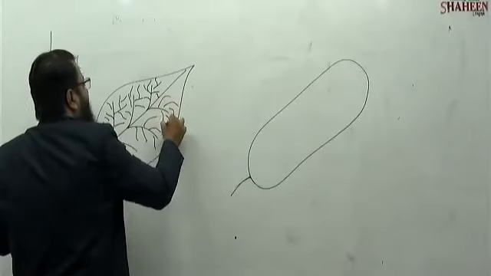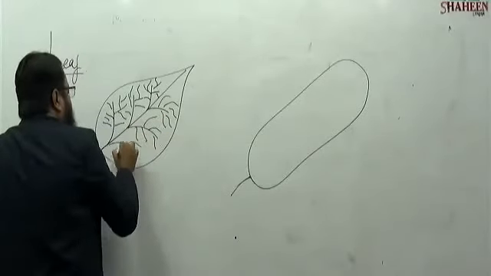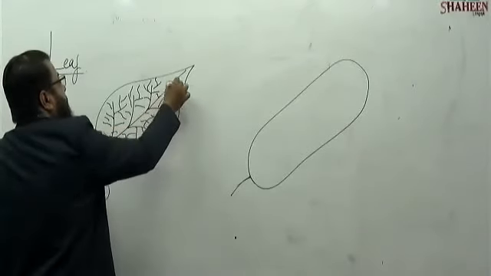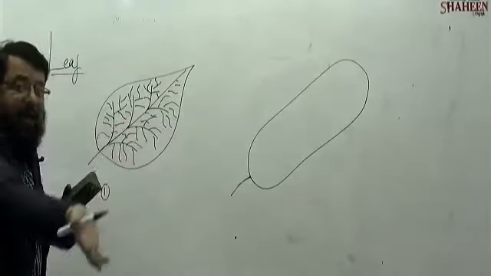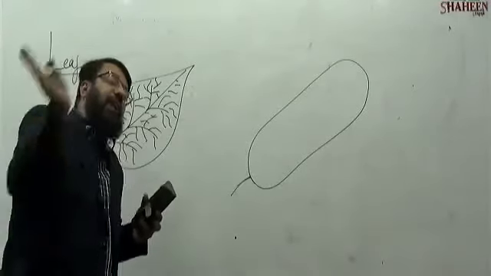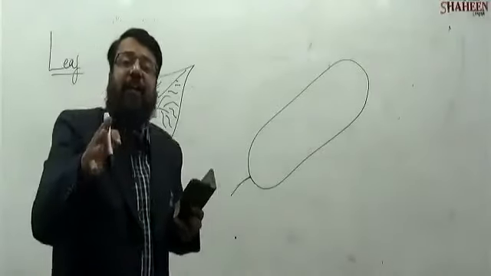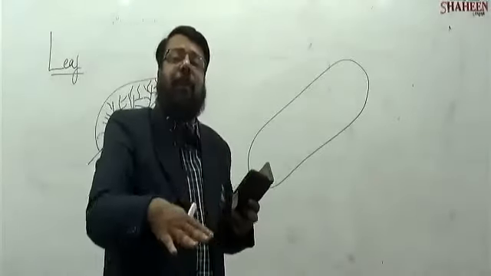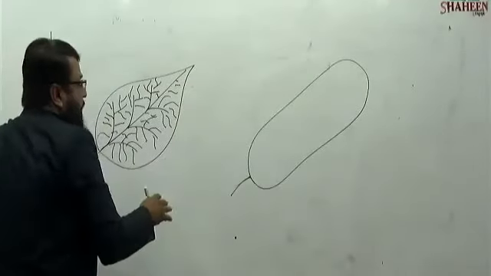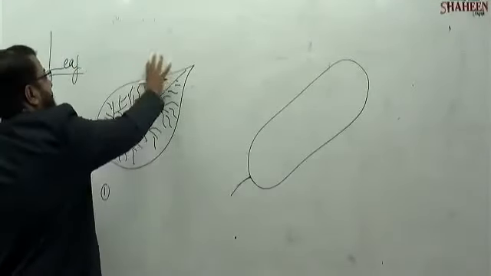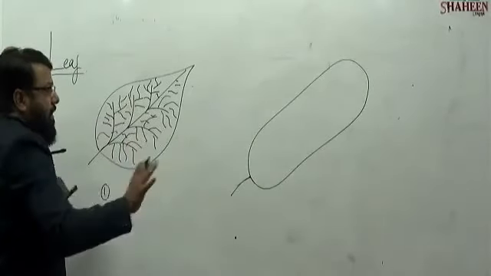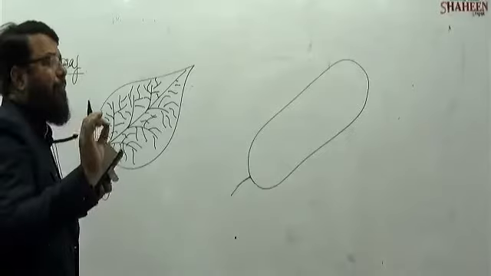The midrib has many branches, and those branches produce further branching, so repeated branching takes place. Because of that, the complete leaf lamina is covered by veins and veinlets.